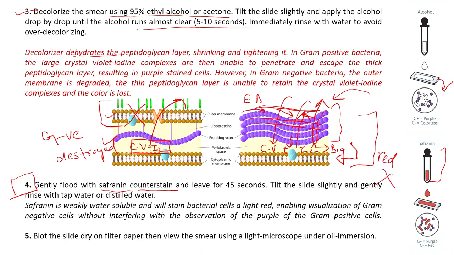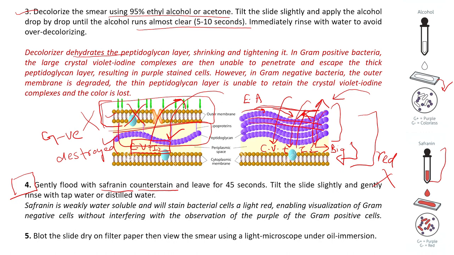But here the membrane and peptidoglycan are totally destroyed, so when you add safranin, it will attain the red or pink color. This is the whole process of gram staining.